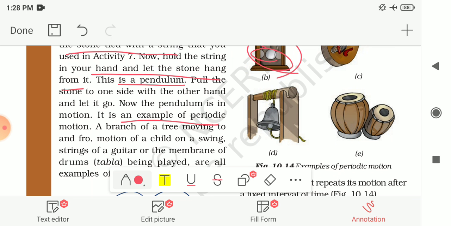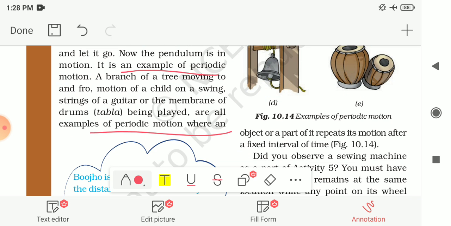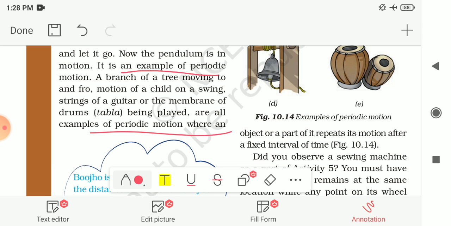It is an example of periodic motion, in which the pendulum, or you can say the stone, repeats its motion after some time. Other than that, a branch of a tree moving to and fro, that means moving in the forward direction and the backward direction, is also an example of periodic motion. Also the motion of a child sitting on a swing. If you are sitting on a swing, then your motion is also periodic motion.